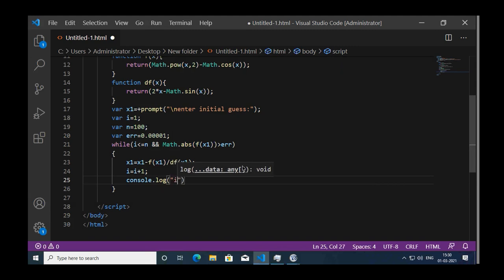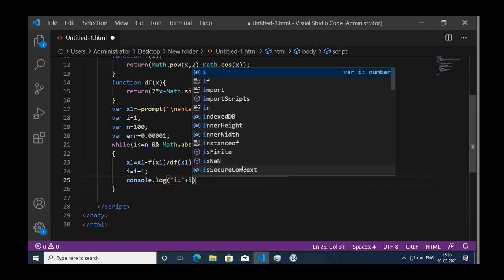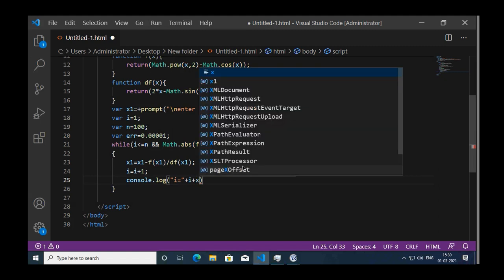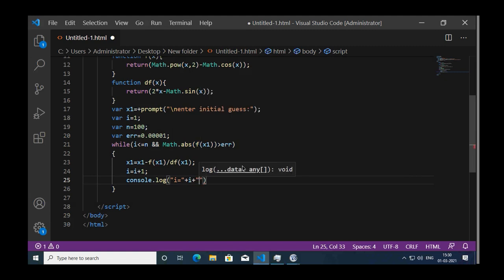and what I want, i equal to plus i, that's happened. Now I want x1 equal to, and I want this to be also plus. So let's have some space between that.